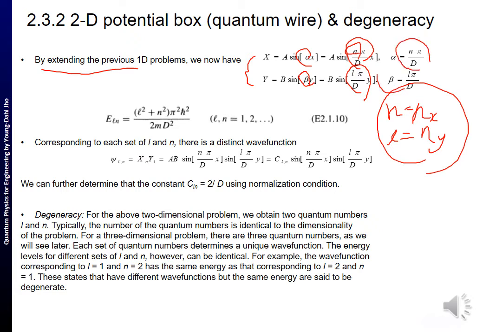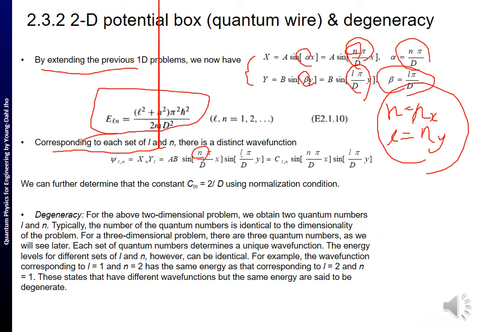Alpha and beta are calculated this way, and then the total energy considering the confinement along the x and y axes, we have this one. Then we see that corresponding to each set of n and l, there is a distinct wave function depending on n and l.